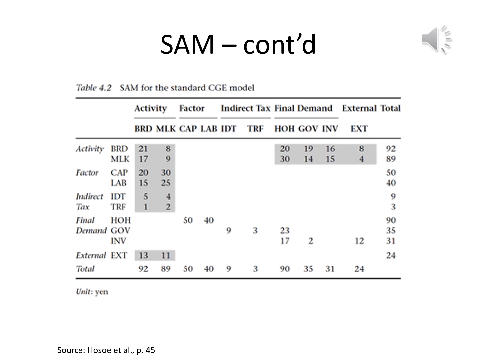So activity row, activity column. Now let's look at the indirect tax activity cell. So indirect tax rows, IDT and TRF rows, and BRD, MLK sectors. Same here. Remember, the columns are interpreted as payments. So bread sector pays to IDT account 5 yen, milk sector pays 4 yen to the IDT account.